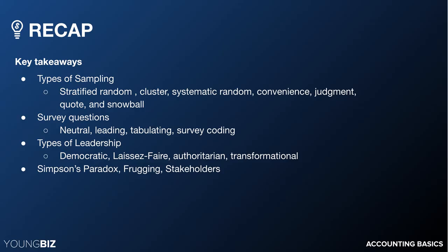Next, we discussed survey questions, highlighting the importance of neutral, leading, tabulating, and survey coding questions. Then, we reviewed various leadership styles: democratic leadership, laissez-faire leadership, authoritarian leadership, and lastly, transformational leadership. And finally, we covered some critical concepts like Simpson's paradox, frugging, and stakeholders. That's it for today.